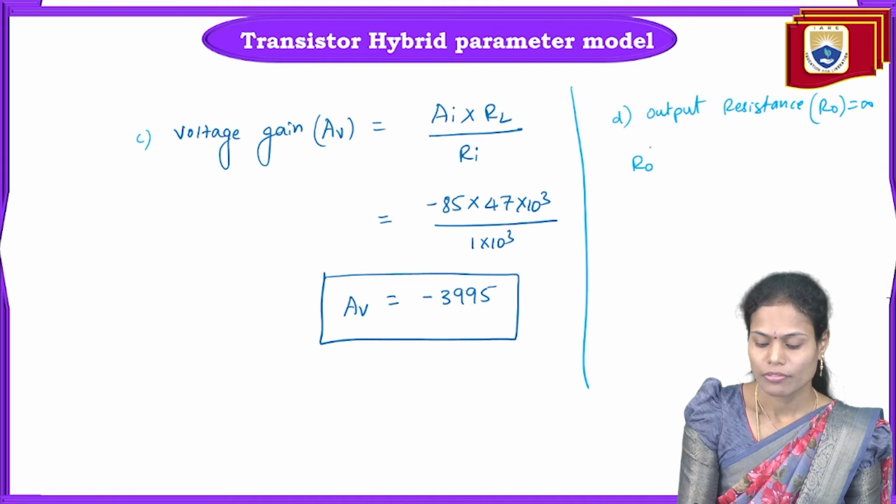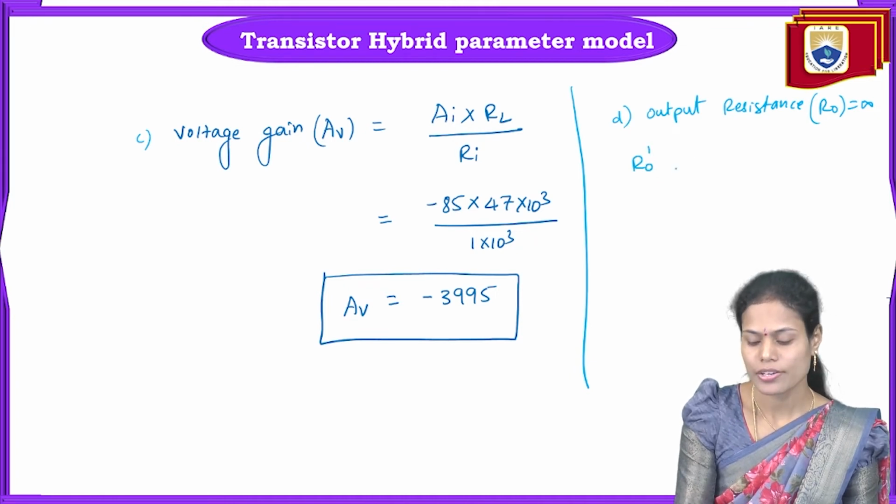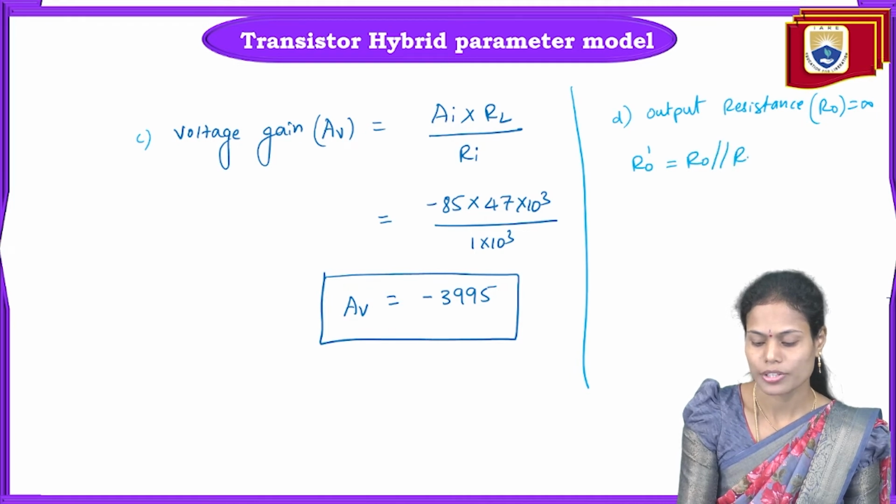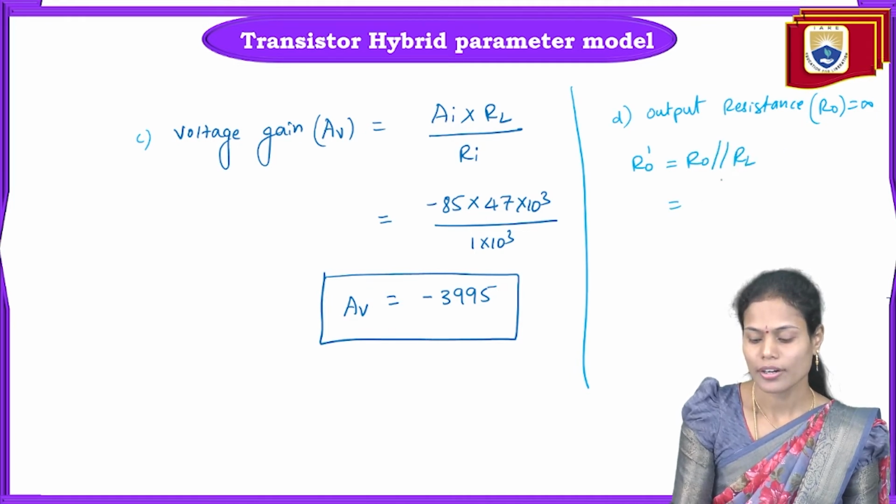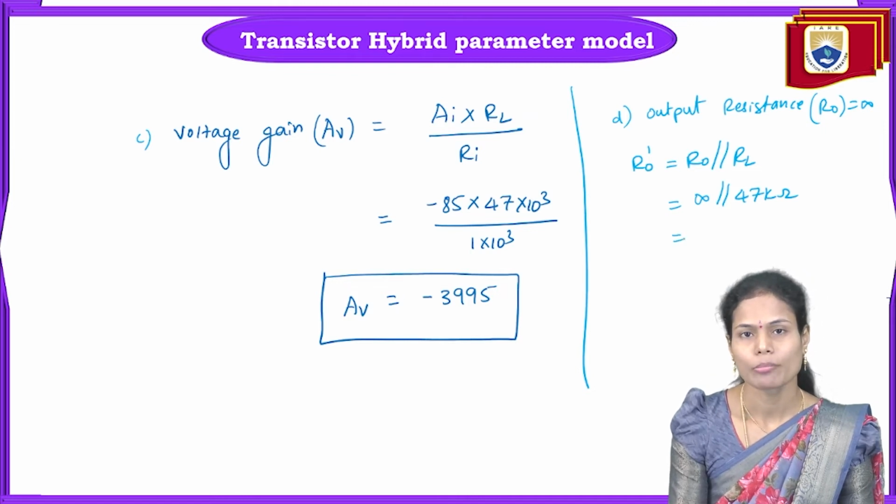That one I am taking here as R0 dash, that is the parallel combination of R0 and load resistance RL. So the R0 value is infinity and the load resistance value is 47 kilo ohms. If you take the parallel combination of two unequal resistances, the result is close to the lowest value.